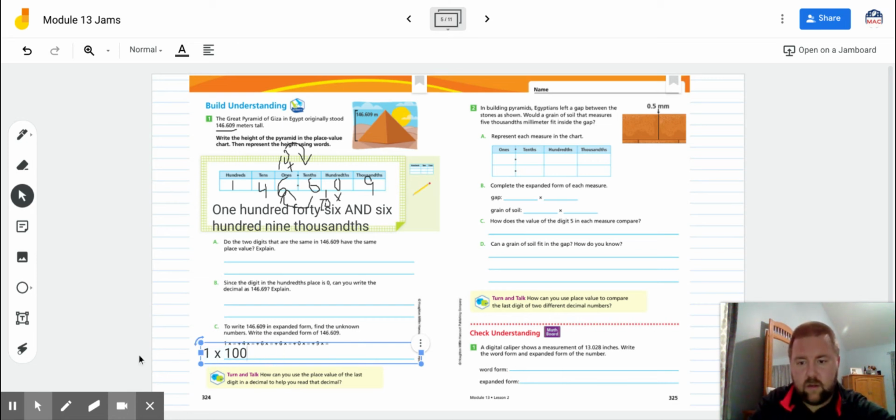So parenthesis 1 times 100. Okay, then the next digit we're adding is a 4. So now I'm going to do a parenthesis, and I'm going to say 4, digit times the place, which is the tens. Then the next digit I'm adding is the 6. We have a 6, and that is in the ones place. So I'm doing 6 times 1.